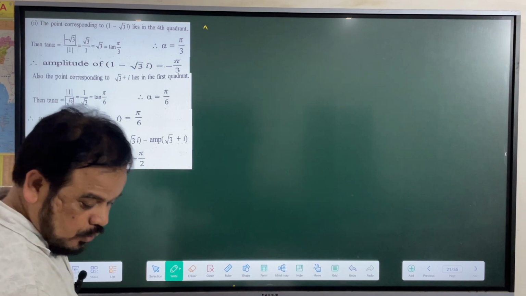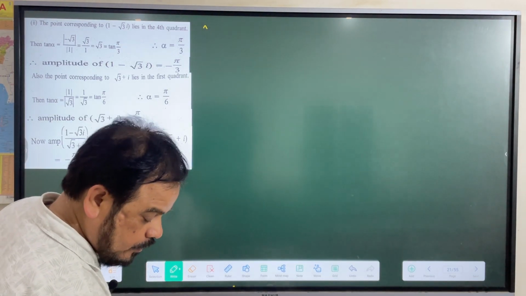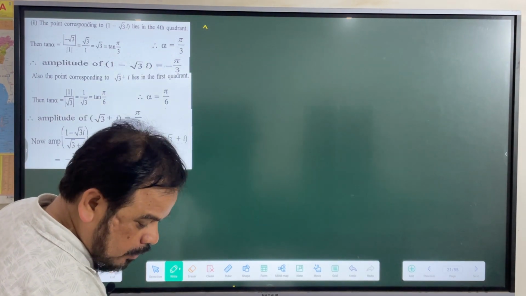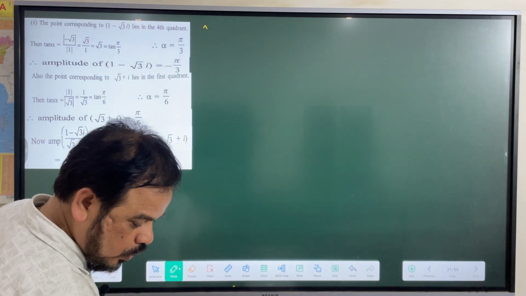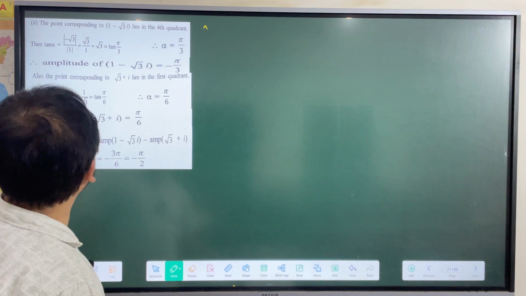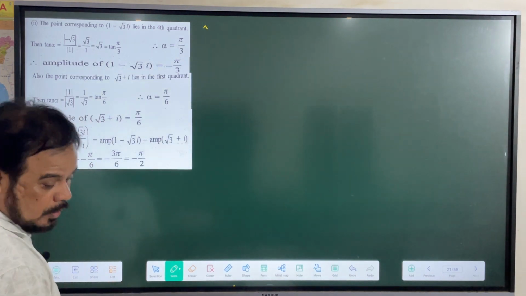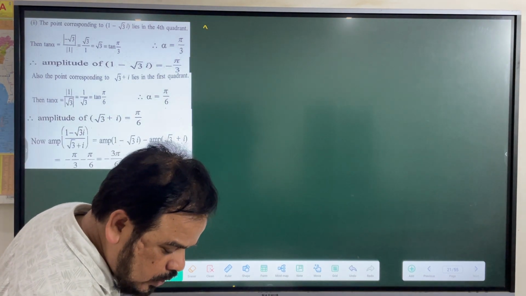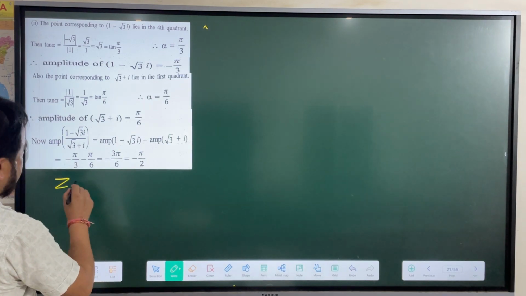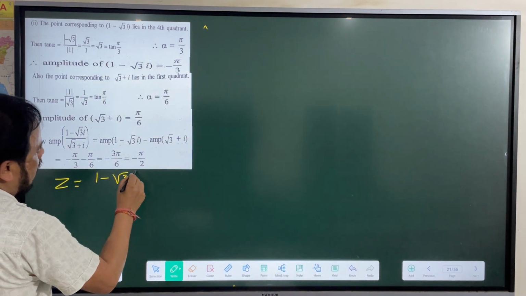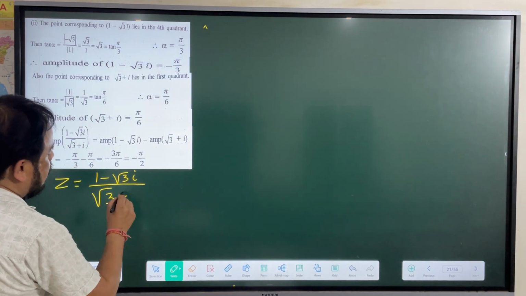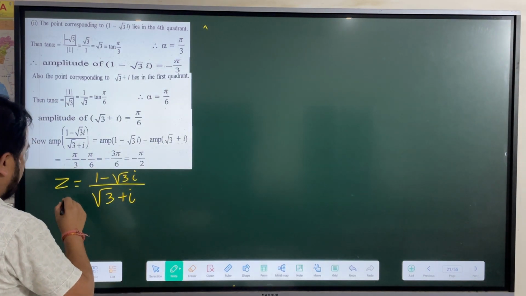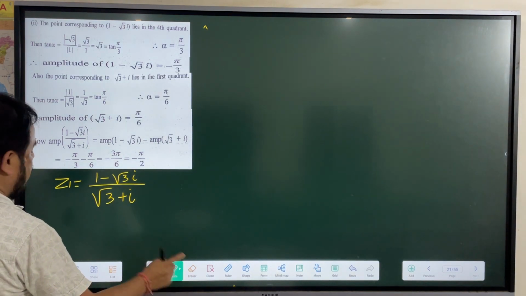Number 2 is actually given as a division, I think. Where is number 2? Yes, 1 minus root 3i by root 3 plus I. This one actually we will write not this way.